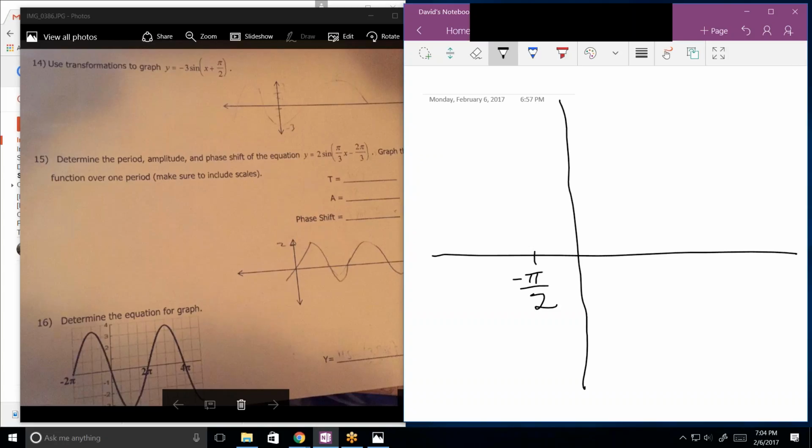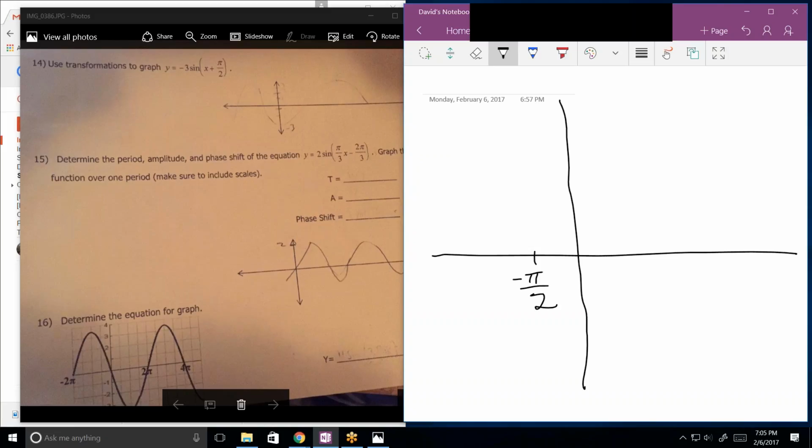You have to factor that pi over 3 out, which means divide both terms by it and put it in front of the parentheses before you know what your phase shift is. Your phase shift ends up being this number divided by pi over 3.